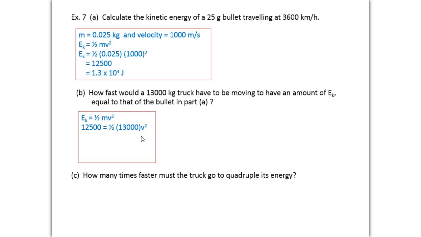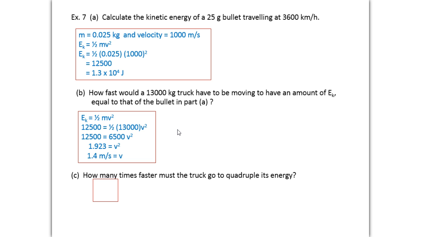So input the numbers that you have, multiply this by half, then you're going to divide by the 6,500, and take the square root, and the truck has to travel at 1.4 meters per second, and if you multiply that by 3.6, it has to move, say, roughly between 5 and 6 kilometers an hour.